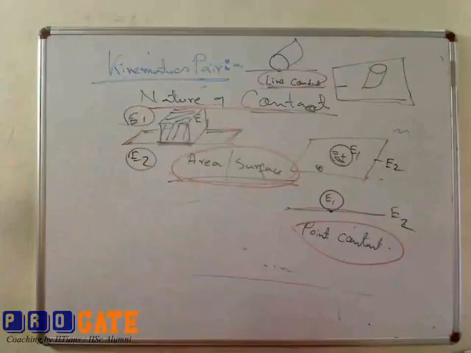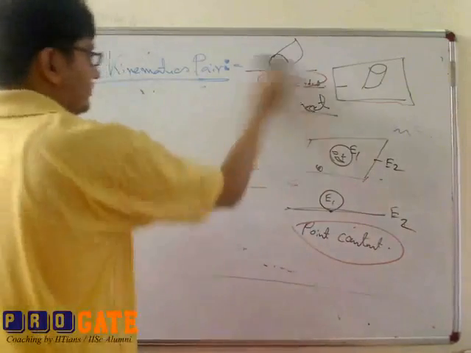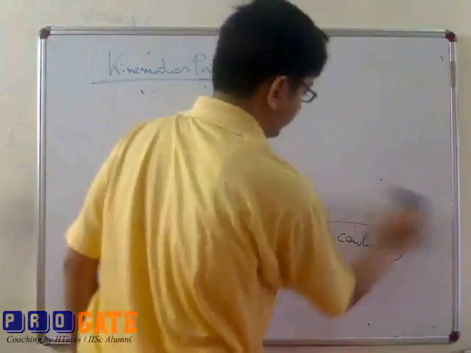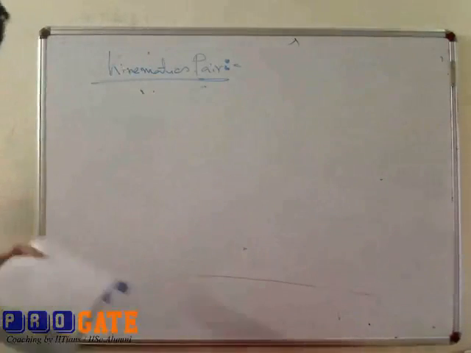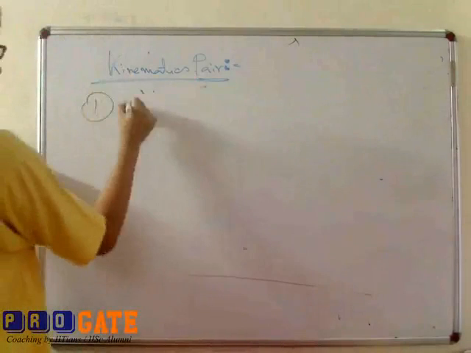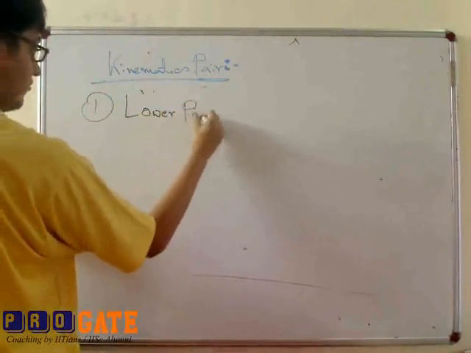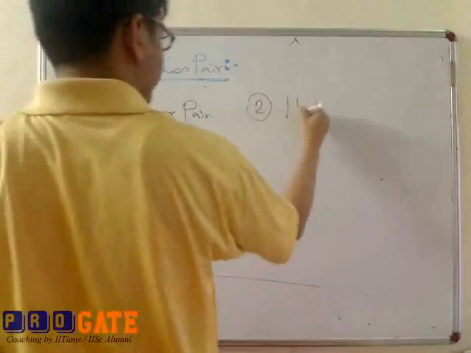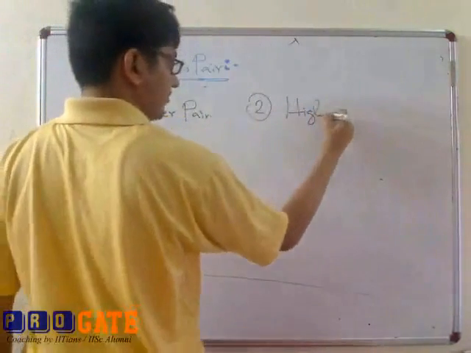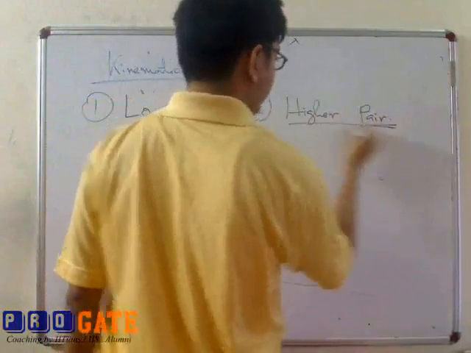Depending upon the nature of contact, these kinematic pairs are of two types. One is known as lower pair. Second one is known as higher pair.